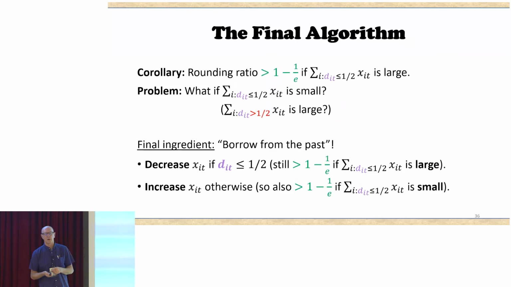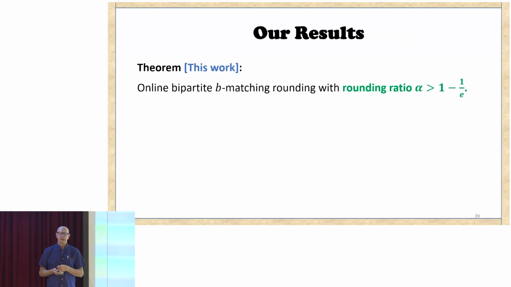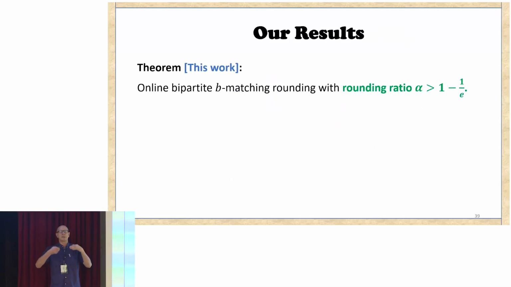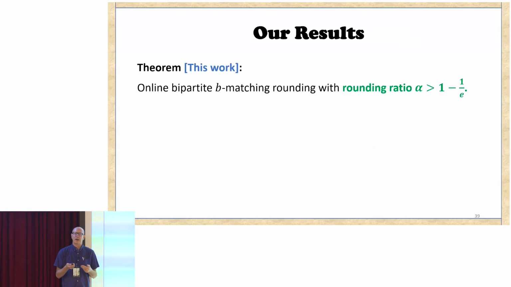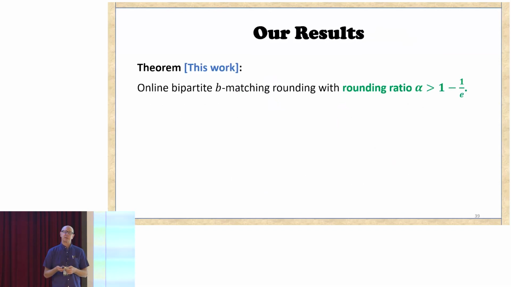I won't go into the details, but the bottom line is that we can force the existence of a large fraction in practice and get alpha to be bigger than 1 minus 1 over e, and now we can run the flow procedure that we saw before and get a randomized algorithm whose loss is this value alpha.